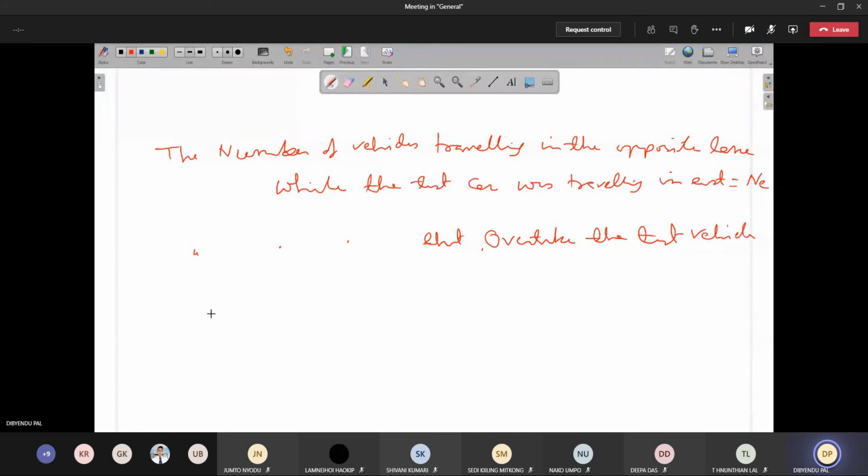The number of vehicles that overtake the test vehicle while it was traveling from YY to XX, that is in westbound direction.